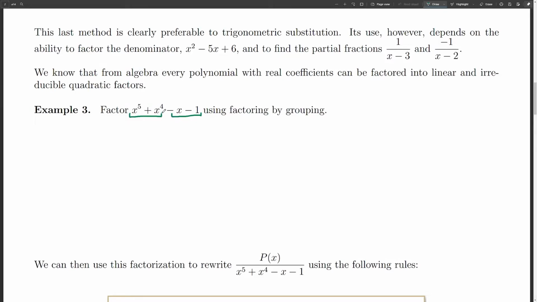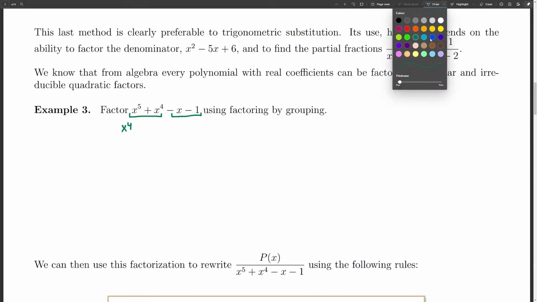So we divide up this expression into two groups of two terms. We're combining the x to the power 5 and the x to the power 4 in the first group. And the second group is our negative x minus 1. In the first group, we see that these two terms have a common factor of x to the power 4.